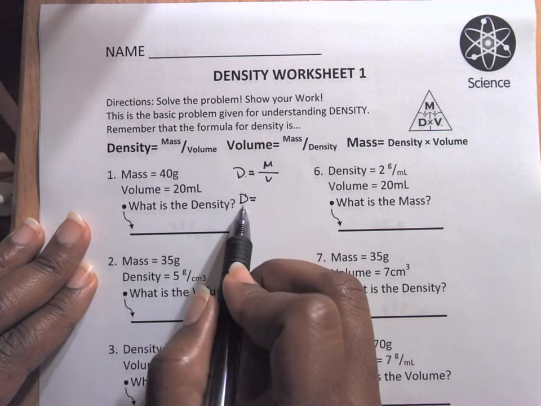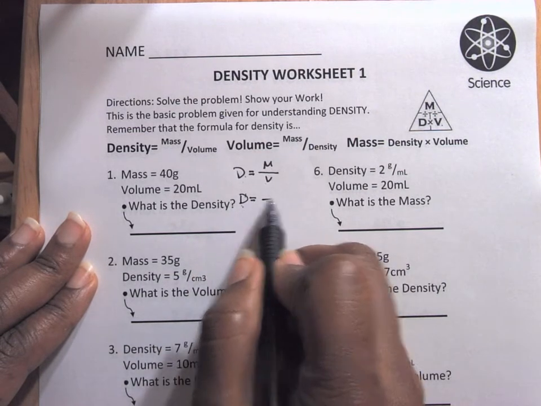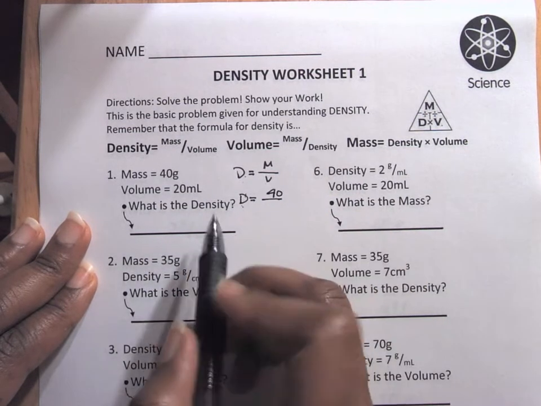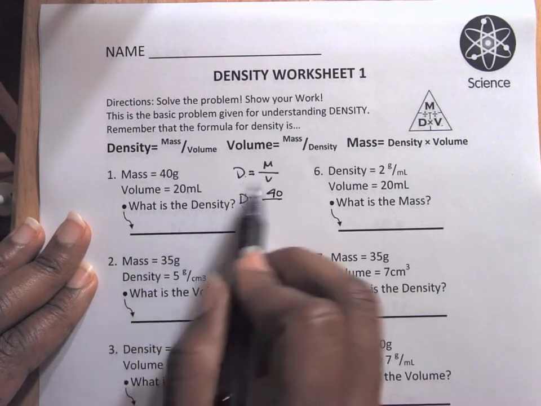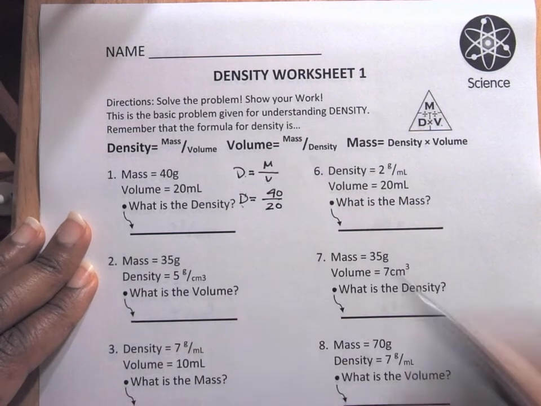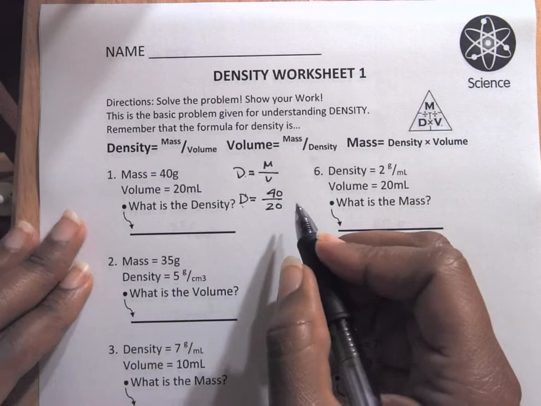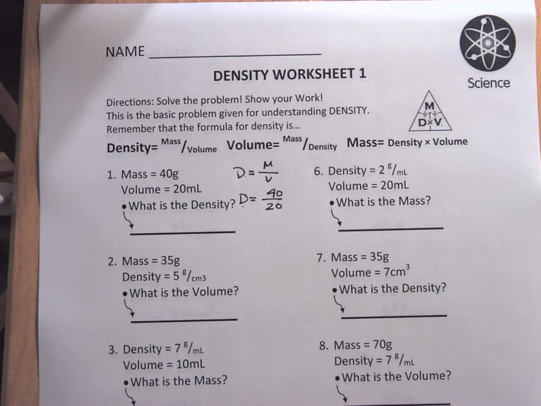But for my mass, I'm going to plug in 40, and for my volume, I plug in the 20. And I ignore the units for right now. Okay, so then in your calculator, you would do 40 divided by 20.